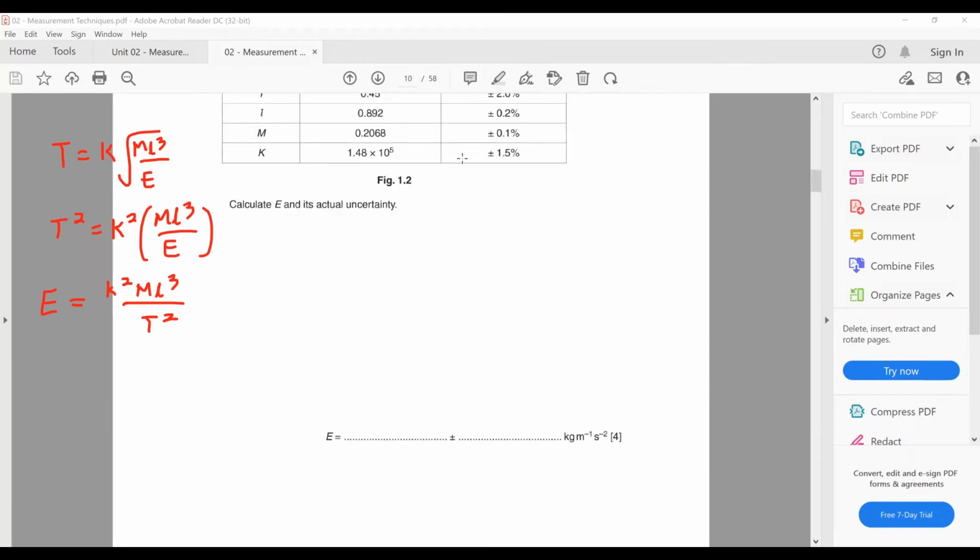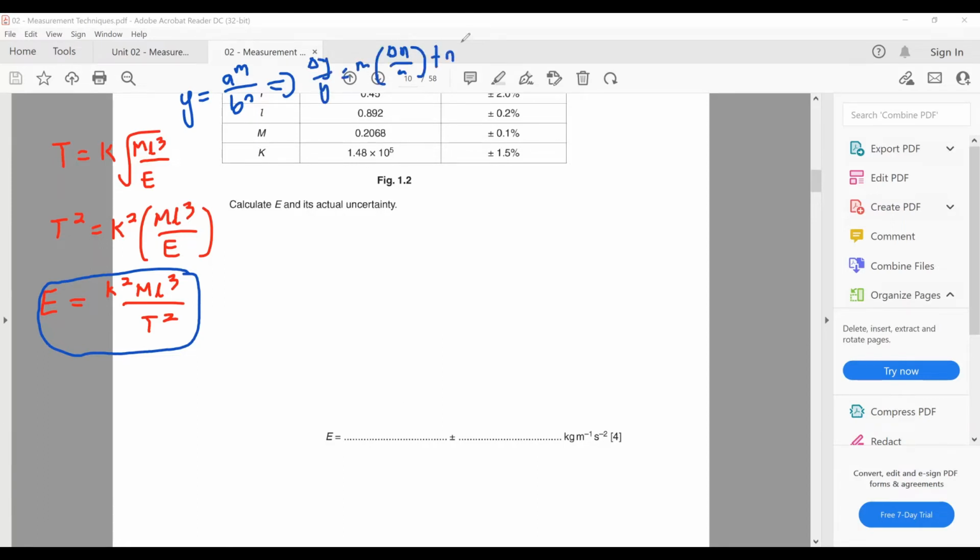Now, from here, notice that this form of equation is similar to y equals a to the power m times b to the power n, which in turn gives you the fractional uncertainty of y as m times the fractional uncertainty of a plus n times the fractional uncertainty of b.